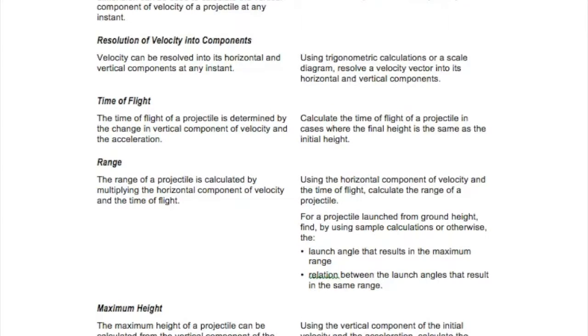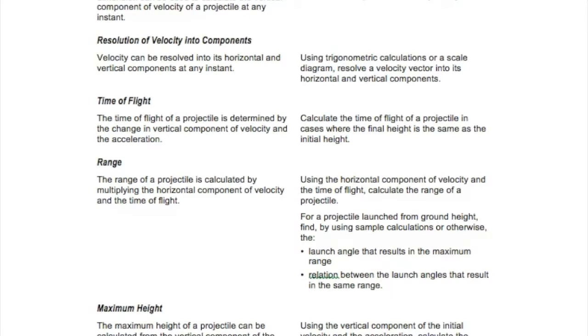3 things we want to be able to calculate about projectiles is the maximum height that the projectile reaches, the time of flight of the projectile, and the distance that it is covered horizontally, which we refer to as the range. To help with the calculation of these 3 values, we must first resolve the velocity vector into its components.